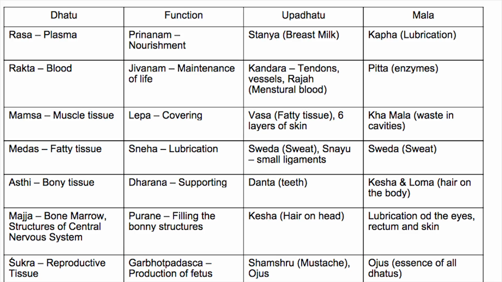Okay. The next dhatu is the medas, or the fatty tissue, and its main function here is sneha, or lubrication. The byproducts of the constant nourishment of that are sweda, which is sweat, and snayu, which are similar to kandara, smaller ligaments. When you go through anatomy and physiology, there are certain types of ligaments that we have.